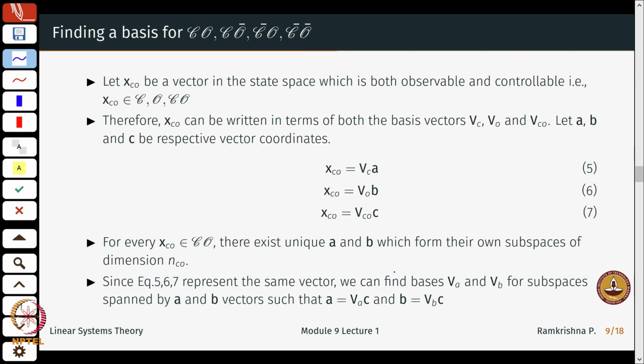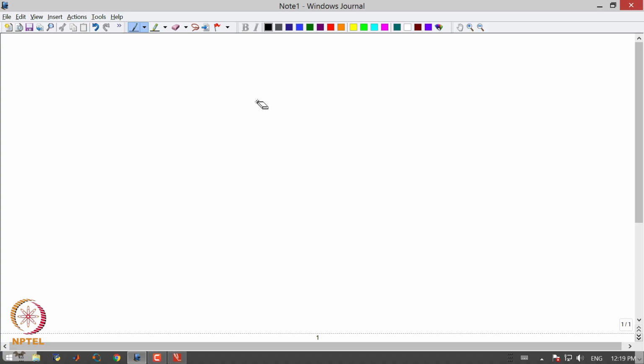Okay. Now, how do we start for this, right. So, let's also write this down as we go by. Okay. So, let me just draw a little picture here, right. So, I have this as my controllable subspace of some dimension NC, and this is an observable subspace of some dimension NO, and there is some intersection here which will give me the subspace which is both controllable and observable.